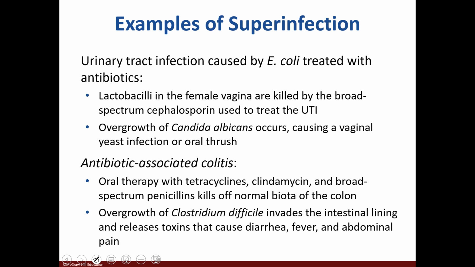The physician will prescribe an antibiotic which kills off the lactobacilli in the vagina as well. This decrease in normal flora then allows Candida albicans to overgrow and cause a yeast infection. Other antibiotics can wipe out the normal flora in the colon, which leads to a C. diff infection.